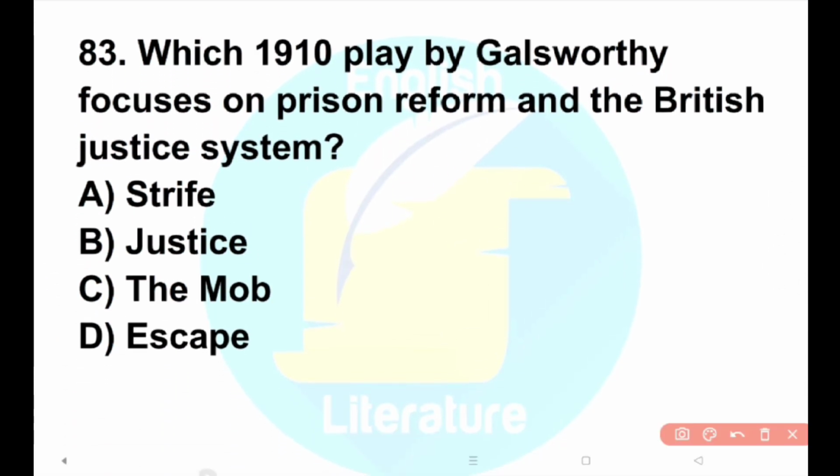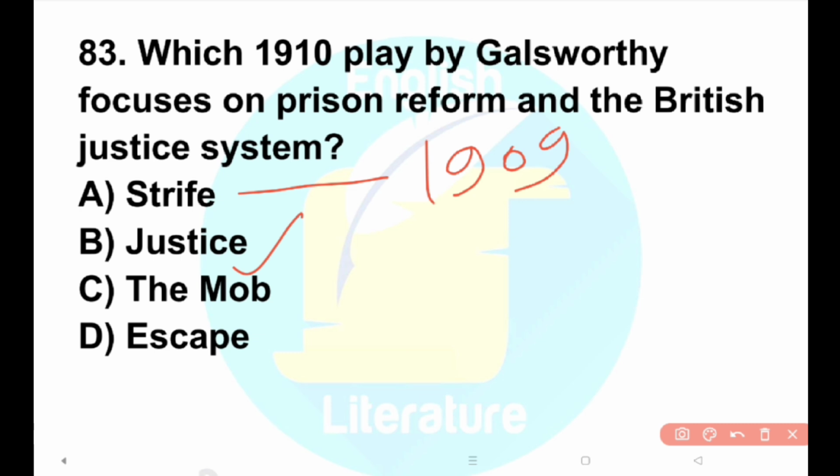Which 1910 play by Galsworthy focuses on prison reform and the British justice system? Option B, Justice. Premiered in 1910, Justice critiques the British justice system and prison conditions, influencing actual reforms. Strife, in 1909, addresses industrial conflict, not prison reform.